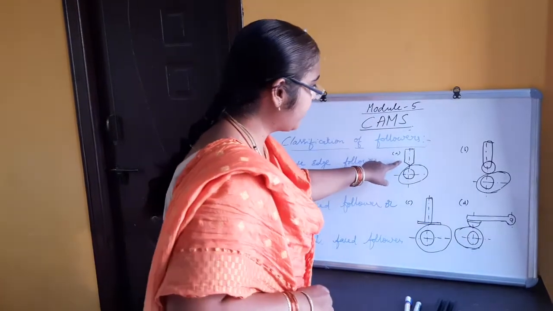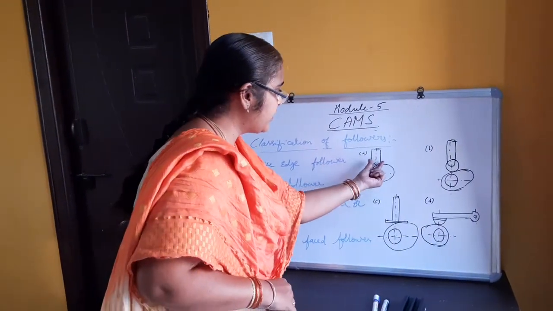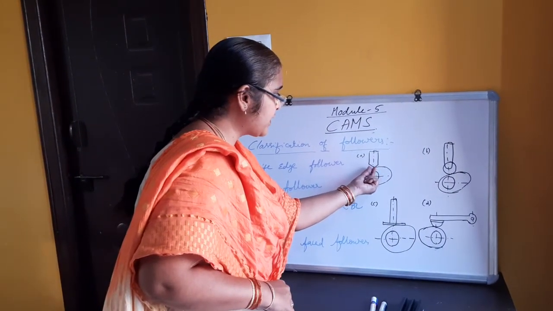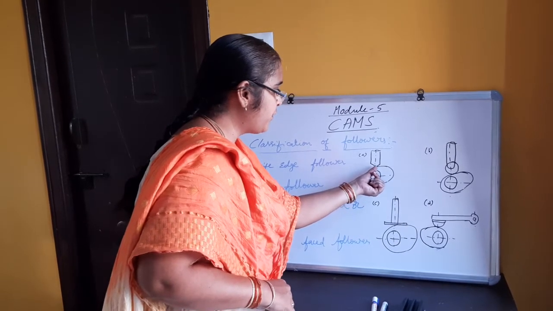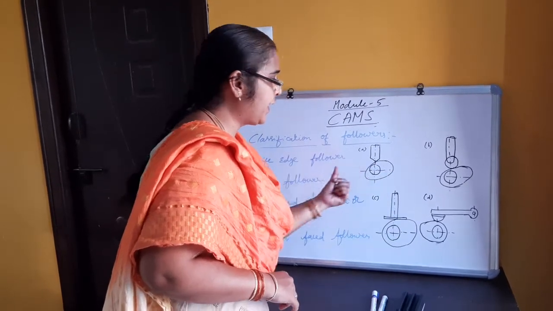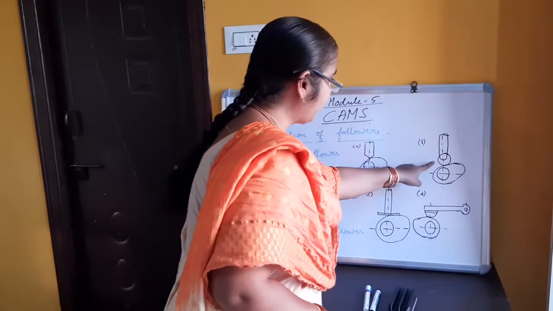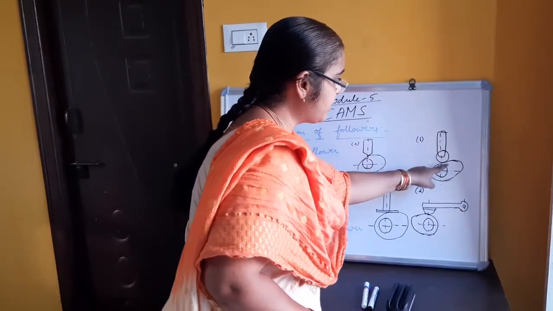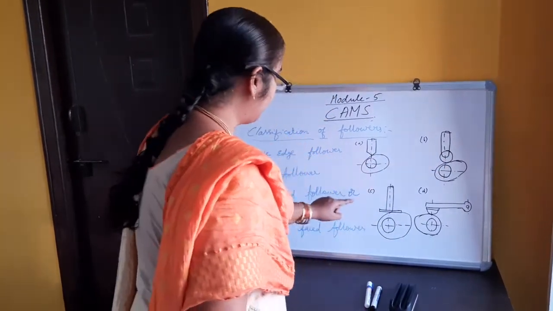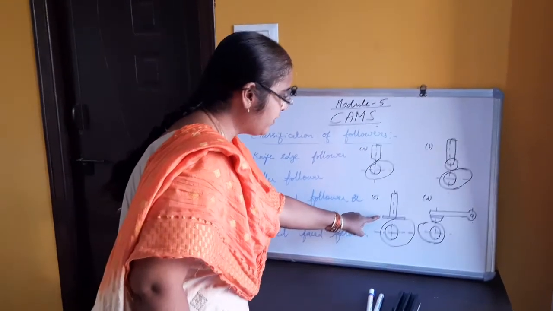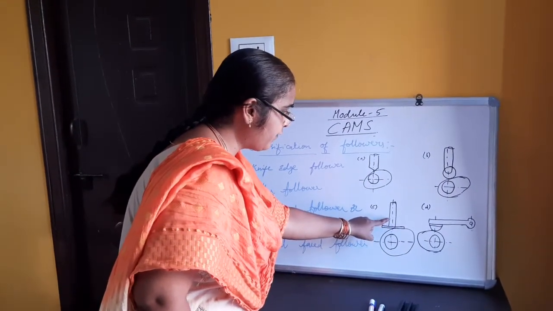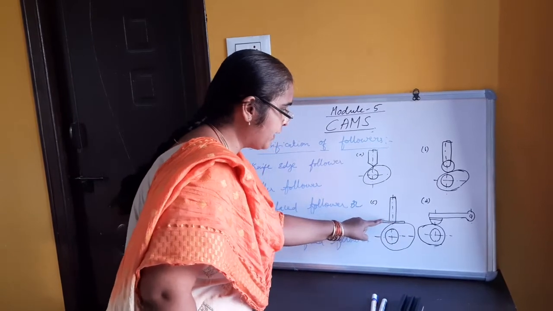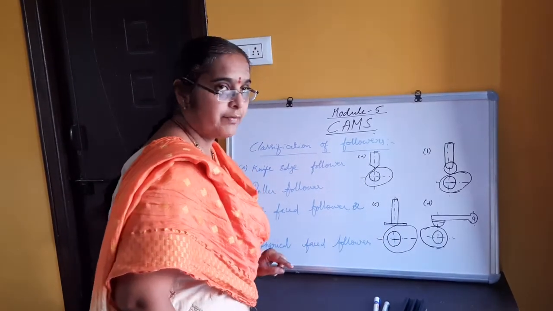Here you can observe a knife edge follower, where the contacting surface is a sharp knife edge, which is in contact with the surface of the cam. And here we have the roller follower, where the contact surface is a roller type. The third one is the flat face follower, where the surface of the follower is perfectly flat and in contact with the surface of the cam.